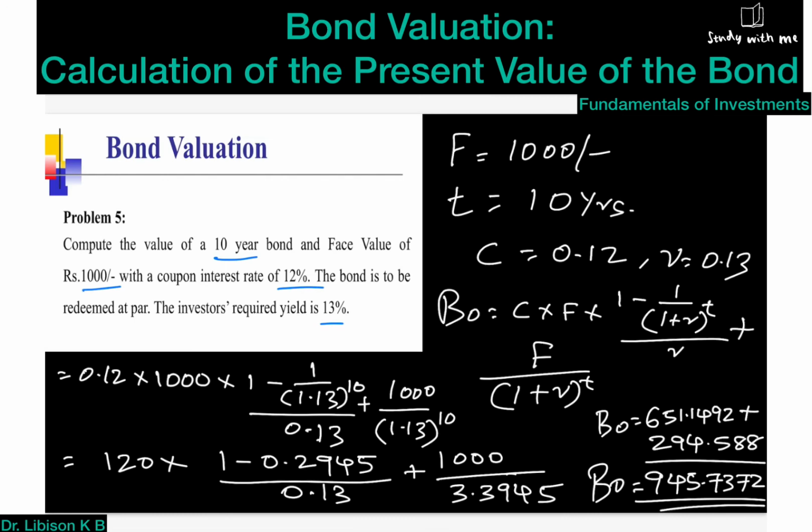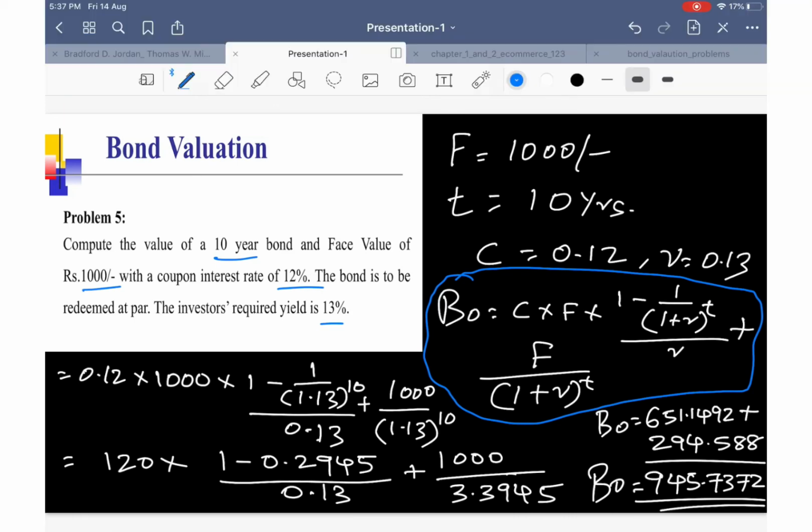B0 is equal to C into F into 1 minus 1 divided by 1 plus R raised to T whole divided by R, plus F divided by 1 plus R raised to T. So the same formula we have studied. So when we solve the problem, I have given the step by step process, the final answer will be 945.7372. Okay.